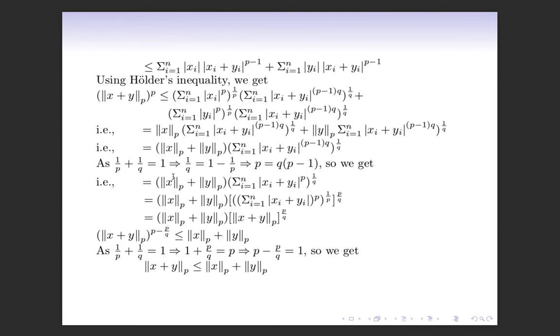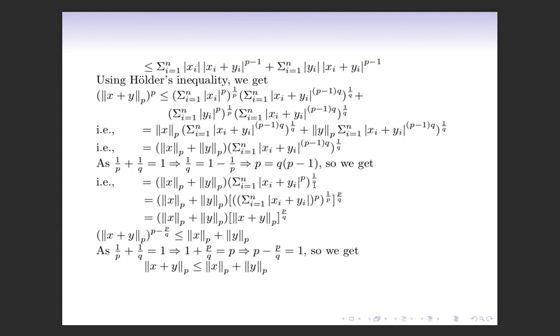But this implies, if we multiply this expression by p, then we have p times p minus 1, and then we multiply by q, then we have p is equal to q times p minus 1. And here we can write this term as equal to the power p.